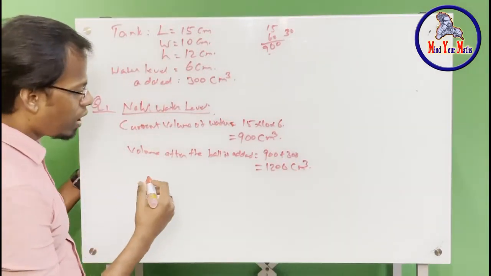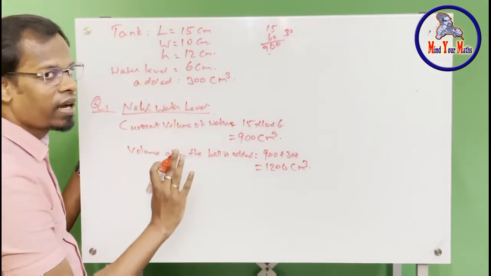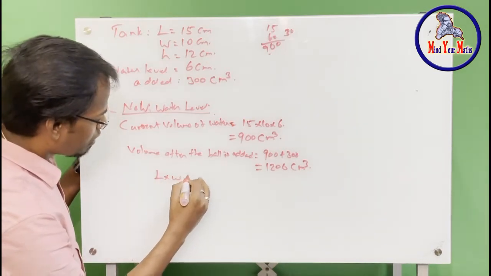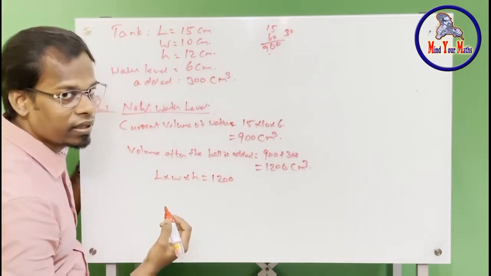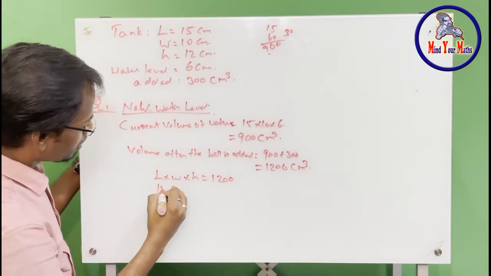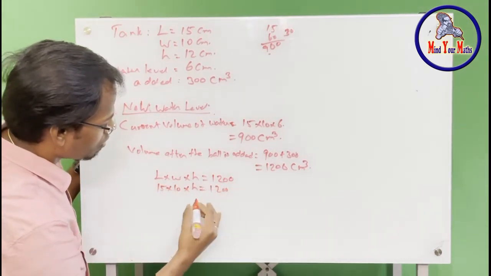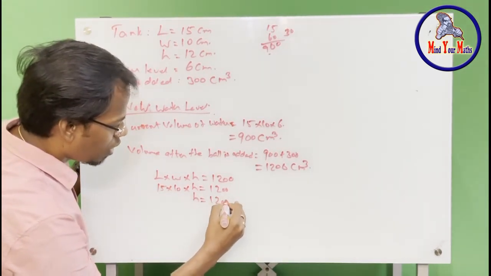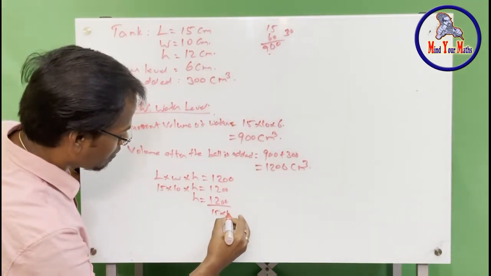So now the new height, as I mentioned, the length and width will never change, only the height will change, right? So here the length times width times height is equal to 1200. We know the length and width, which is 15 times 10 times height is equal to 1200. So what is the height in that case? Height is equal to 1200 divided by 15 times 10, right?